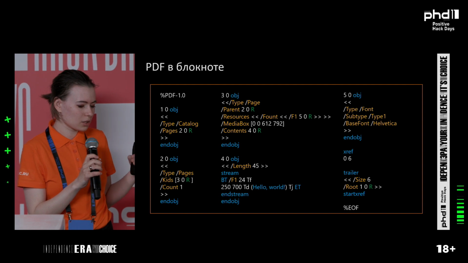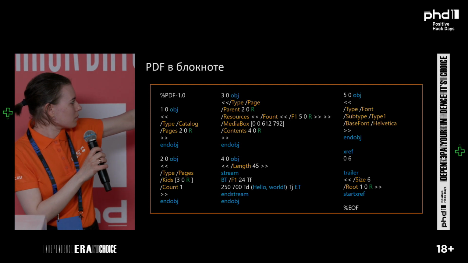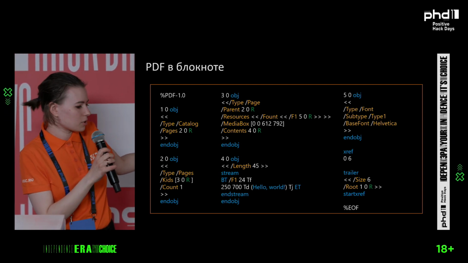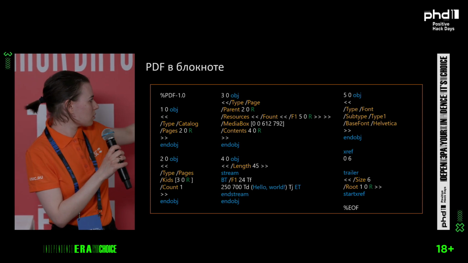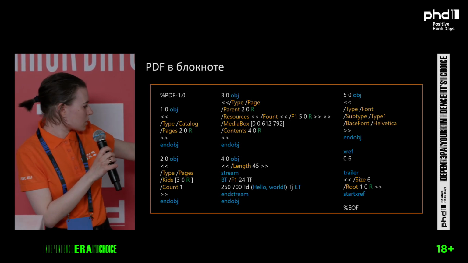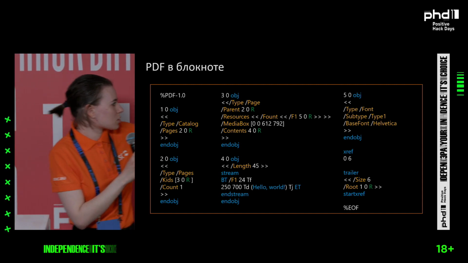There is nothing unclear in a PDF that we open here in the notepad. So if we would like to get the base, we are given links to pages right here. I'm only showing one page here, in object 3.